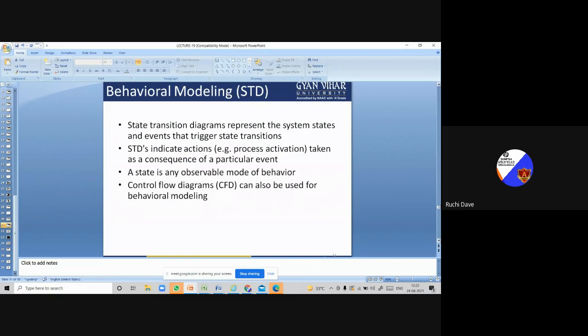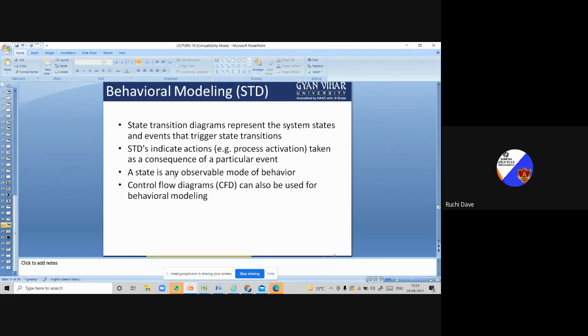Coming to behavioral modeling, state transition diagrams represent the system states and the events that trigger state transitions. State transition diagrams indicate actions and the action taken as a consequence of a particular event. A state is any observable mode of behavior.